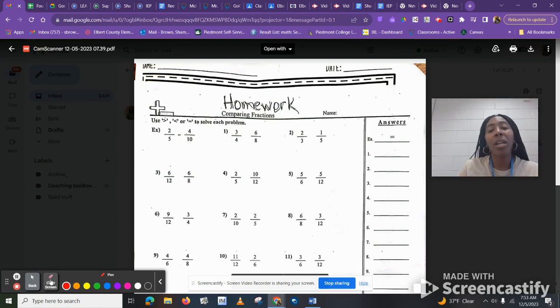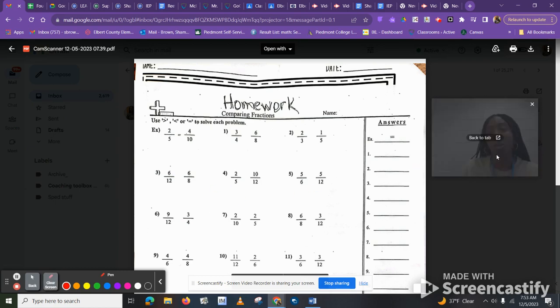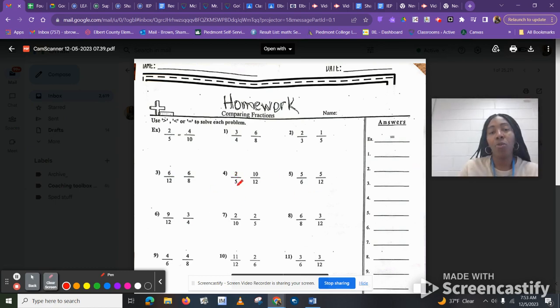And I will do 1 more, maybe 2 more. Let's see. 2/5 and 10/12. For this one, I can't do benchmark because 2 is not half of 5 and 10 is not half of 12. So that won't work.